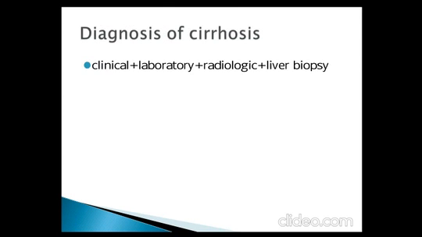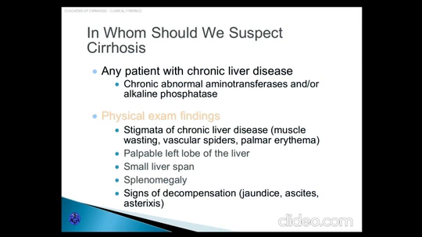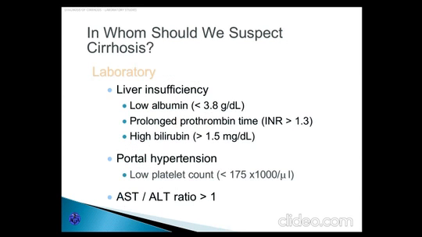In whom should we suspect this particular case of cirrhosis? Any patient with chronic liver disease, chronic abnormal aminotransferases and alkaline phosphatases. So this is how you suspect in such cases: small liver span, splenomegaly, signs of decompensation, jaundice, ascites, asterixis.